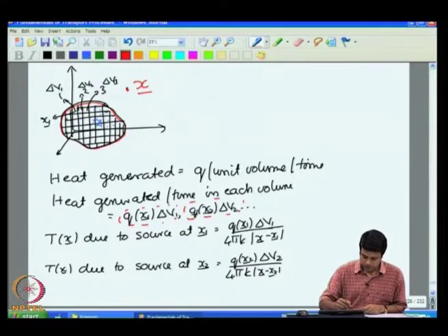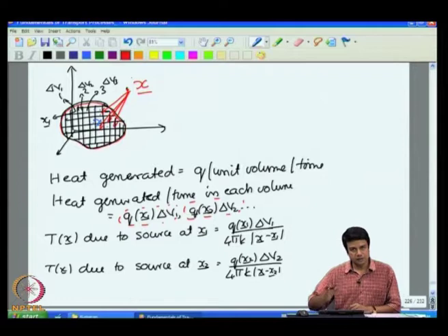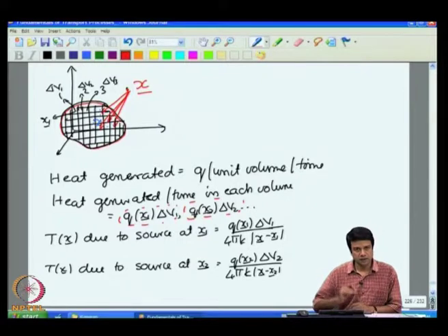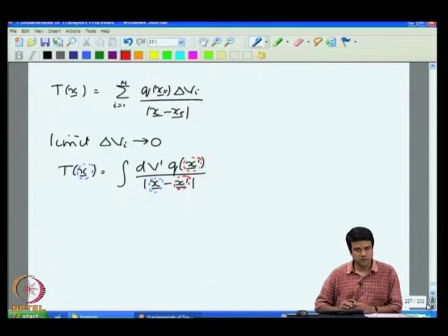Basically, you are adding up the temperature field at this location due to each of these individual small sources, and integrating over the entire volume to get the final solution for the temperature field. Once again using linear superposition, because you have reduced each of these sources to just point sources.